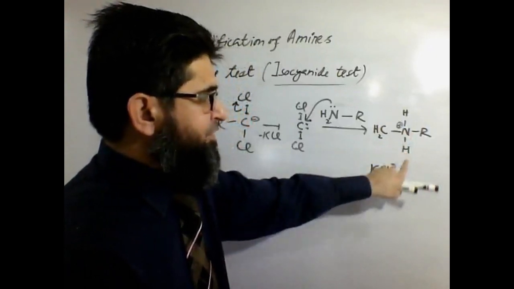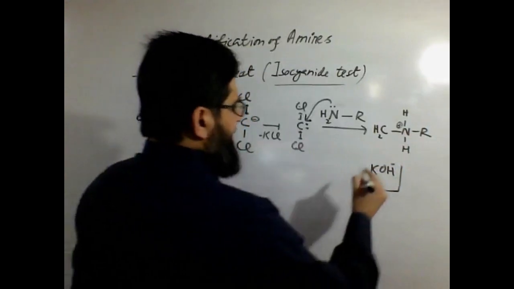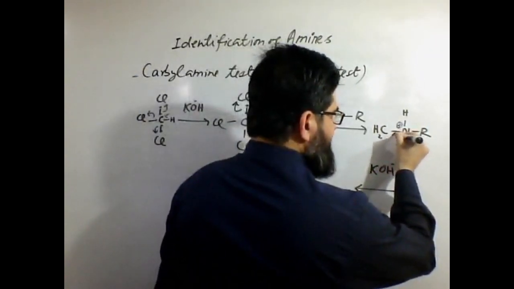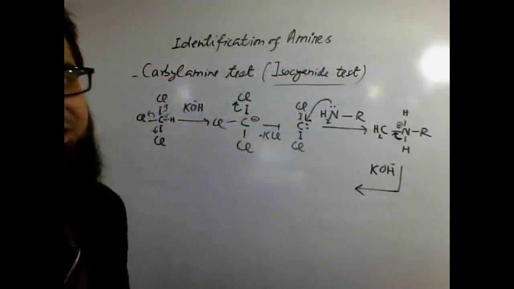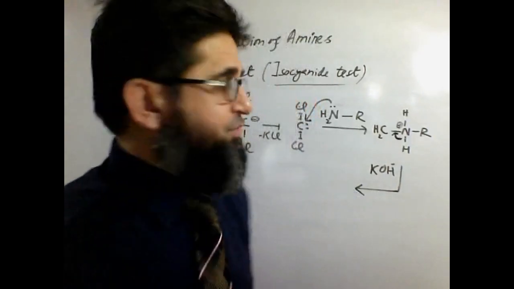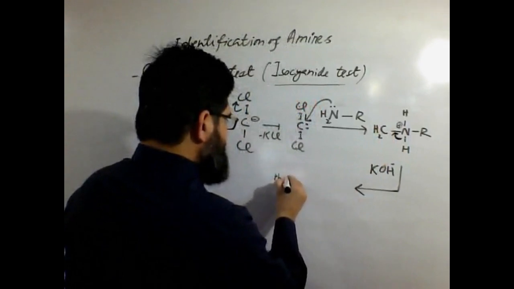This proton is taken away by the hydroxyl of this base. As a result, this bond is shifted between carbon and nitrogen, because carbon needs electrons, carbon is electron deficient.